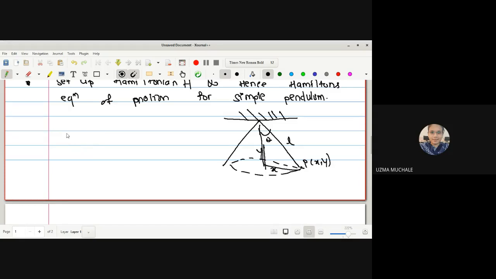In detail, we have done this already. So what is the relation between x and y coordinates? x square plus y square is equal to L square. Theta is working as a generalized coordinate. Why is this so? Because x, y is sufficient to describe the position of a particle, but they are related by this equation, so they are linearly dependent. So a total of two coordinates related by one equation gives one generalized coordinate.